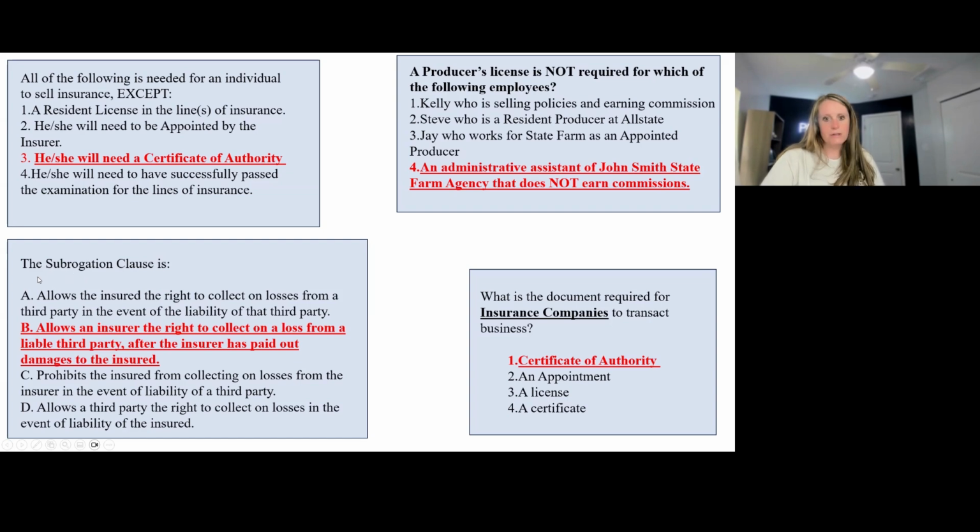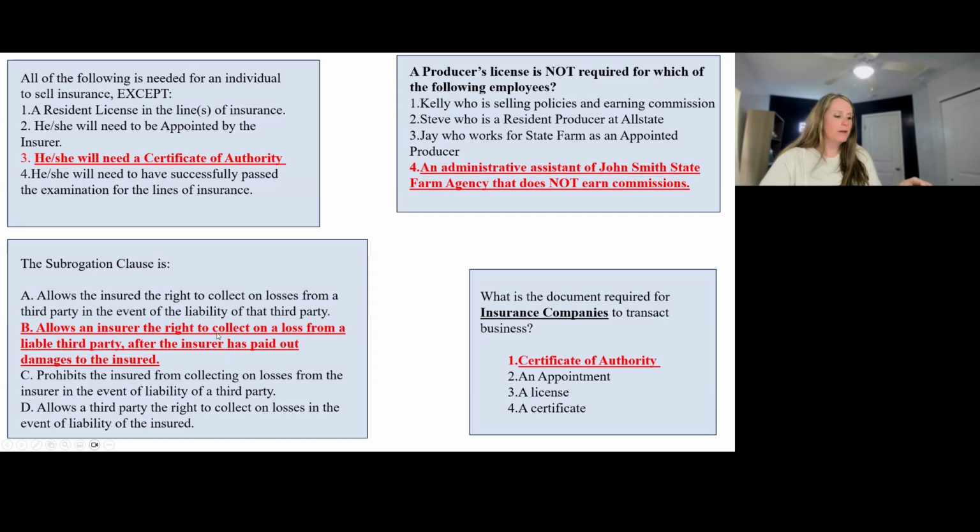Let's look at this one here. It says the subrogation clause is, and if you read through the different options, for example, A says allows the insured the right to collect on losses from a third party in the event of liability. Versus B says allows the insurer the right to collect on a loss.